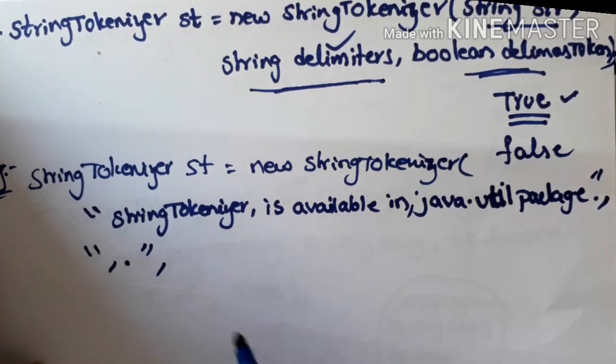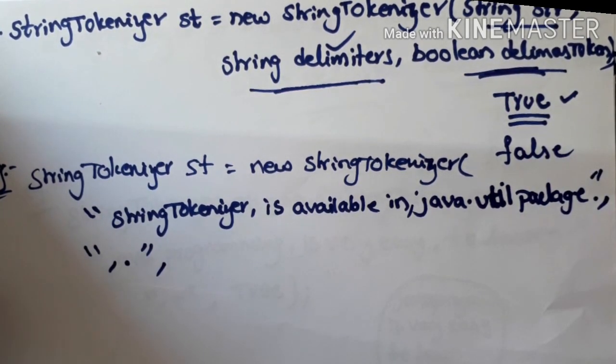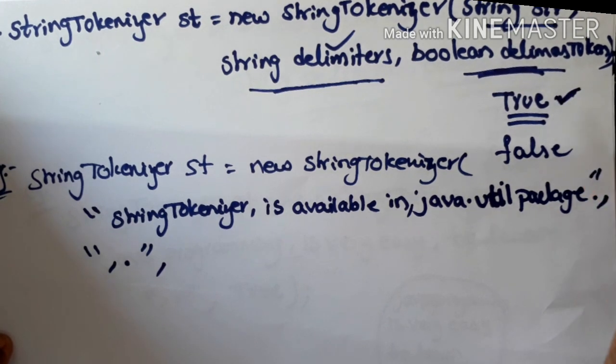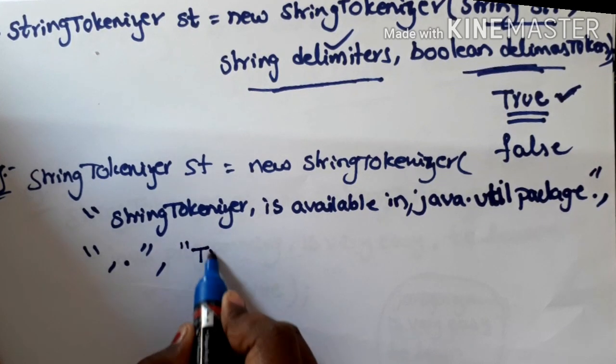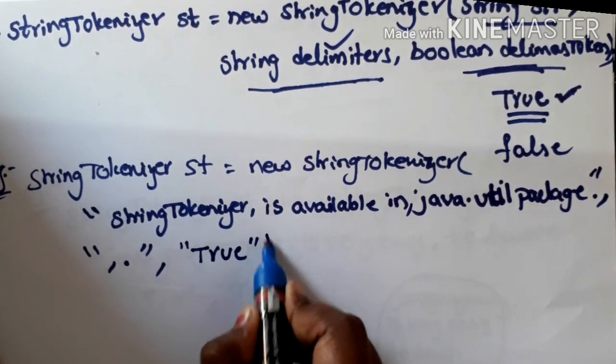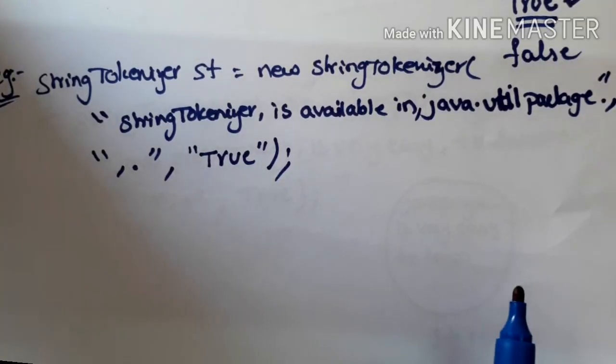And my third parameter is Boolean delim as token, right? If it is true, then delimiters also will be considered as tokens. If this is false, then the delimiters will not be considered as tokens. For understanding, I'll make it true. So what happens if I create a StringTokenizer object by using this approach?